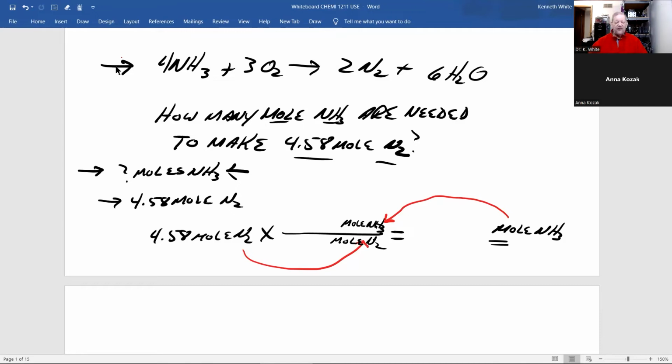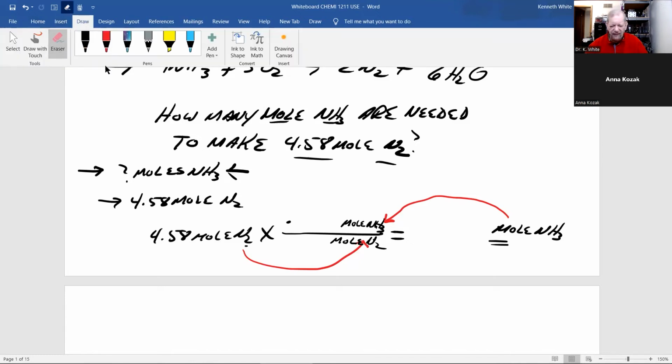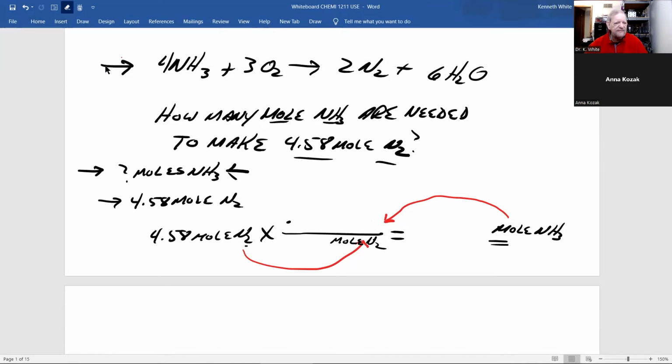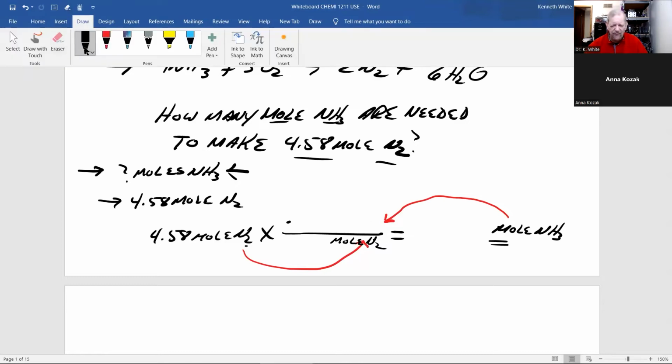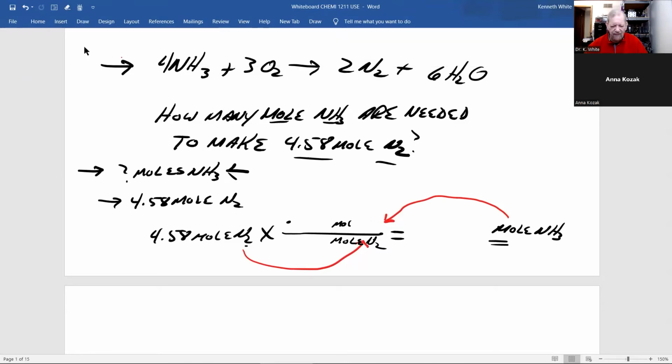And where do I find a relationship between moles of ammonia and moles of nitrogen? And let me fix this up. That's better. And where do we find these numbers? Your turn, and then I'll do it.